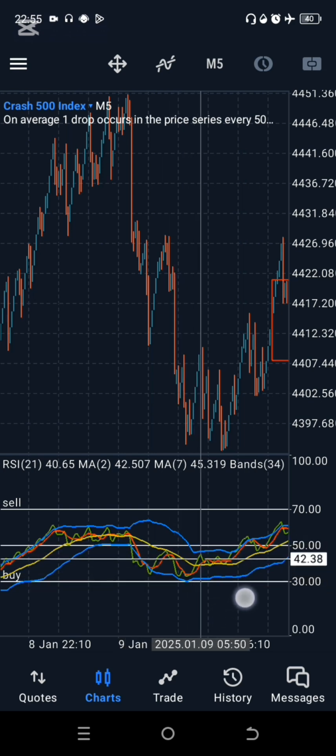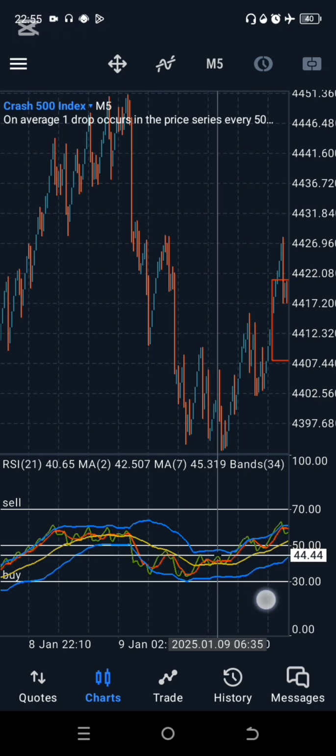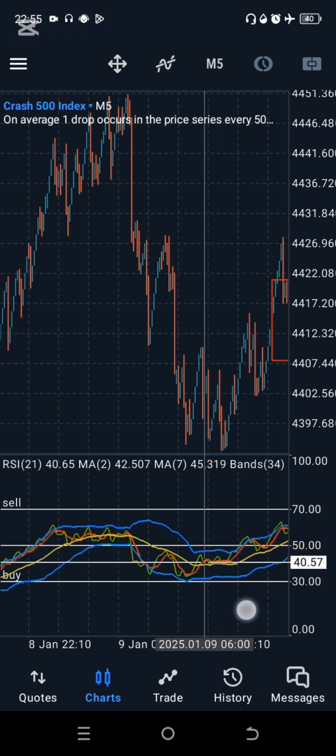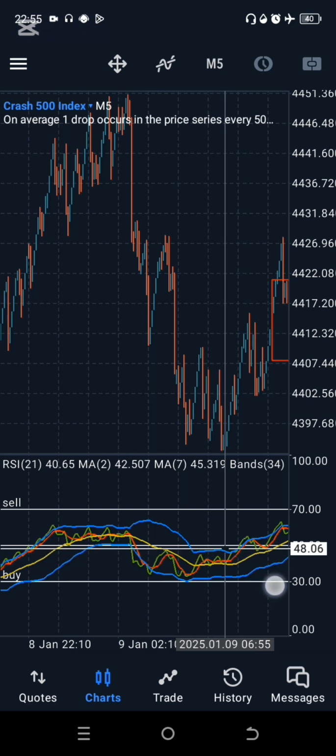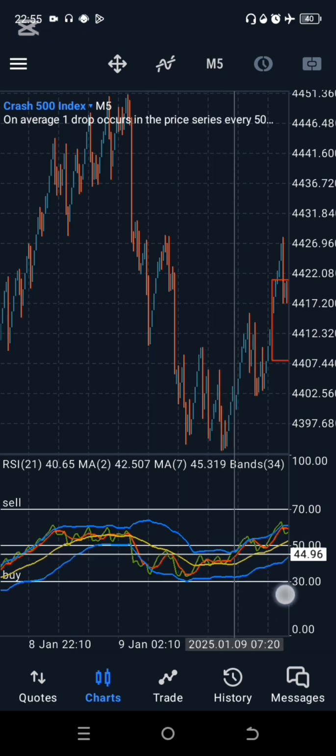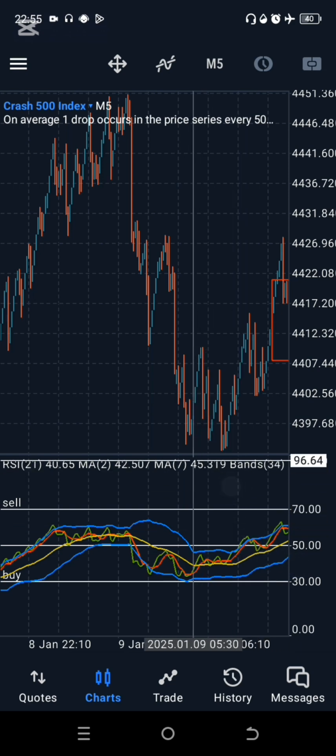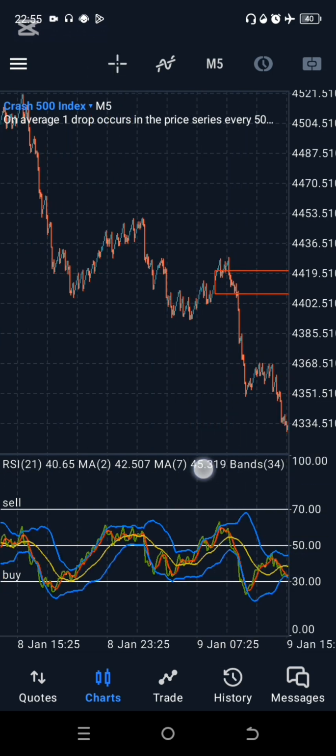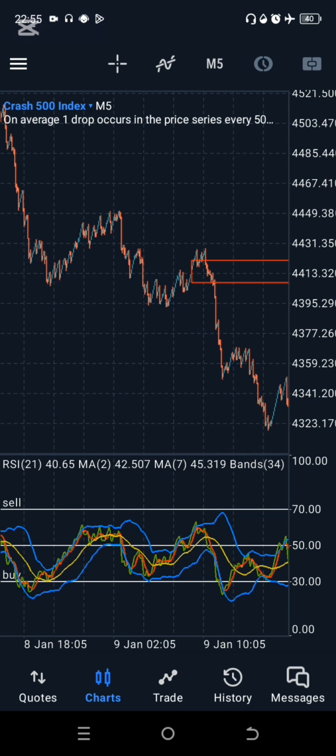Over here we've got a breakout to the upside, and when the price line came back to the MBL, we took our buys and the market bounced up. So this is a further confirmation, or it further aids when you are trading price action.